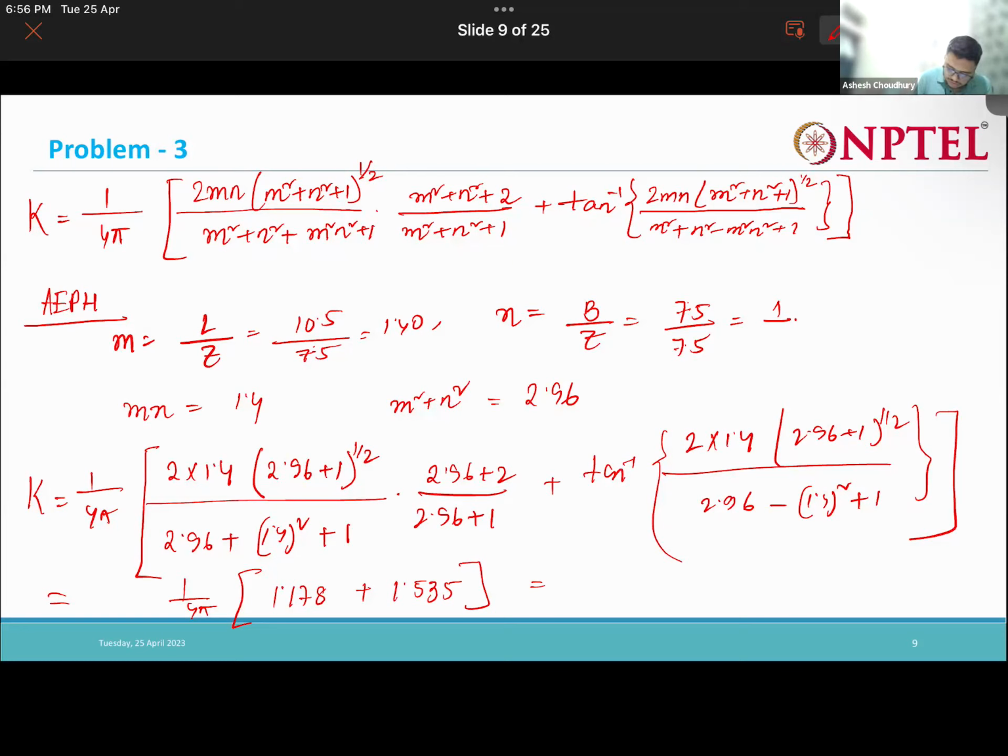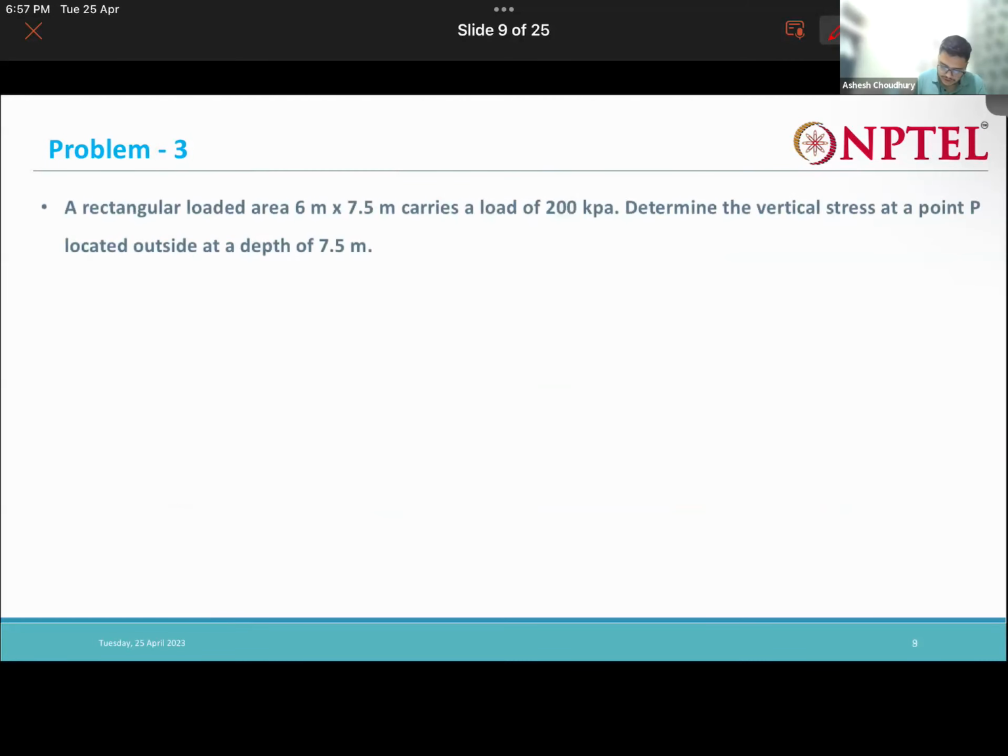It will be close to 0.2. Okay, it will be about 0.2. So we got this for area AEPH, right? So K equal to 0.2. Similarly, you can find out for other areas.